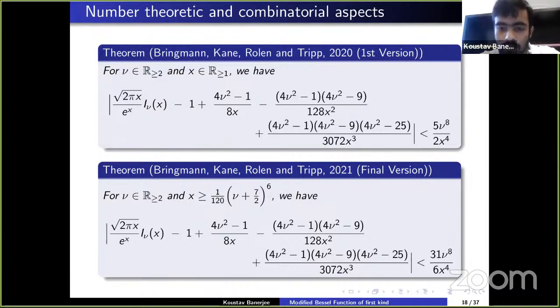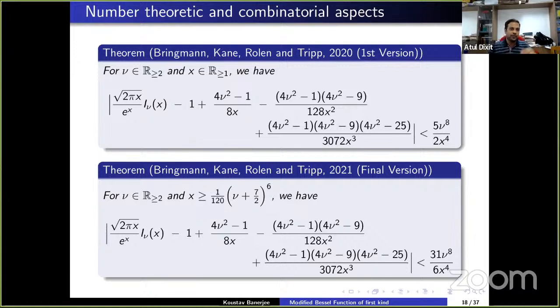But in the first version it's x greater than or equal to 1, whereas here it has to be 1 by 20. So the bound is not better in the final version than in the previous. Am I wrong?